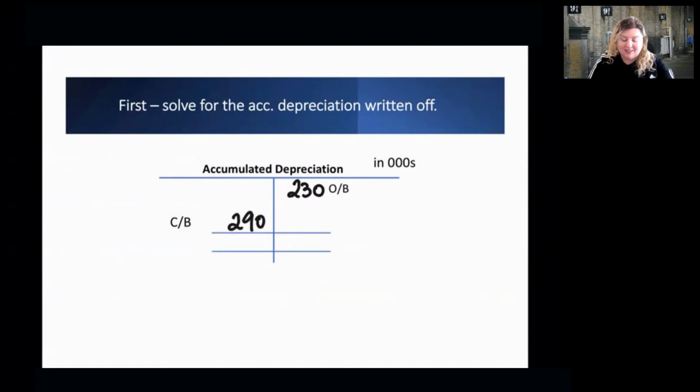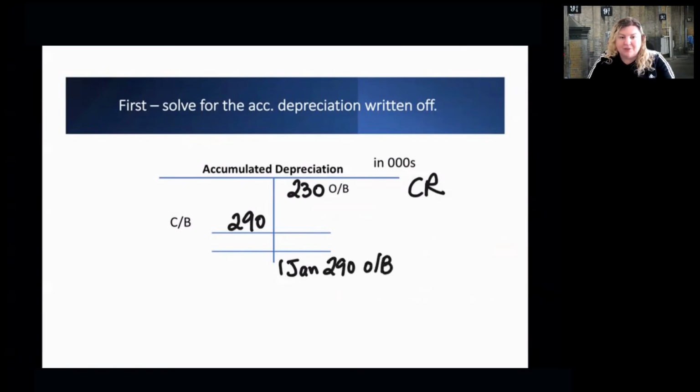It's a contra asset. It's credit natured, so that's why the opening balance is on the credit side, and this closing balance of 290 on the debit side is merely a summation of the running balance. Then the next period, on 1 January, we carry down that 290 as the new opening balance.